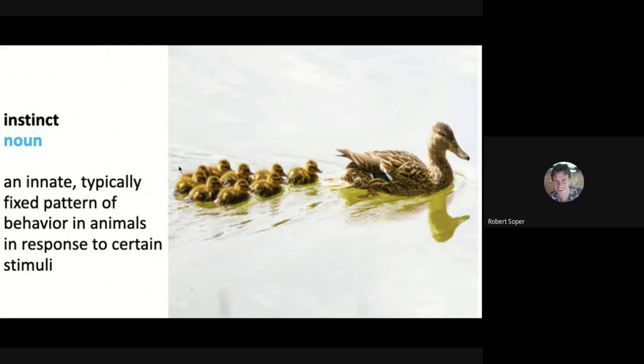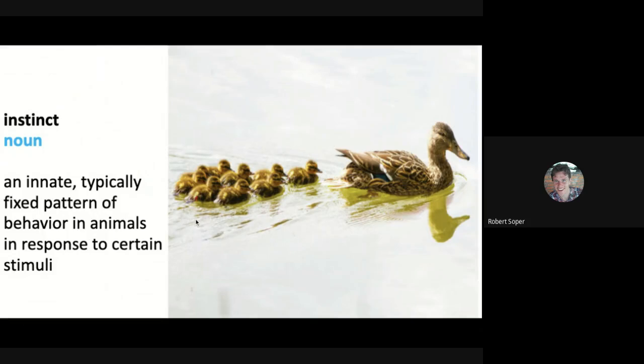Why? Because that's part of their instinct, to follow what it thinks is its mother everywhere. That's something we call imprinting, by the way, seeing your mother and taking it as your mother.